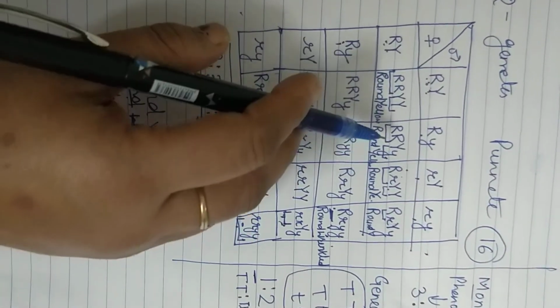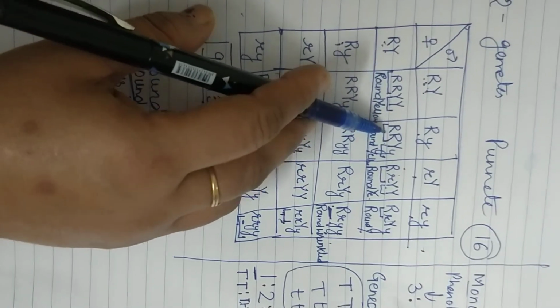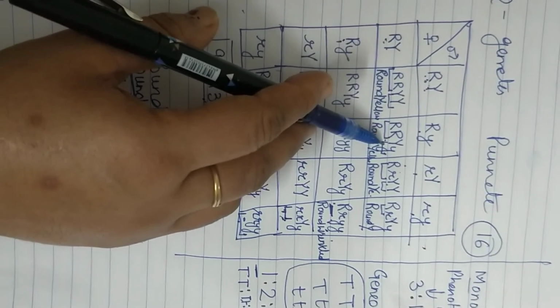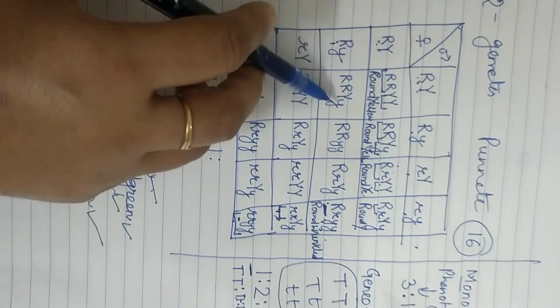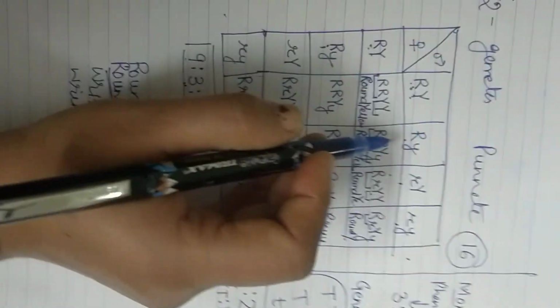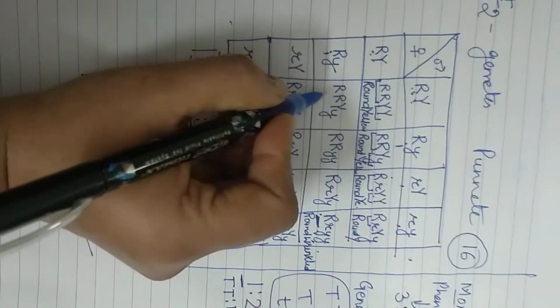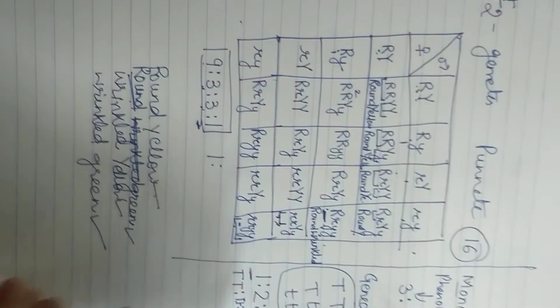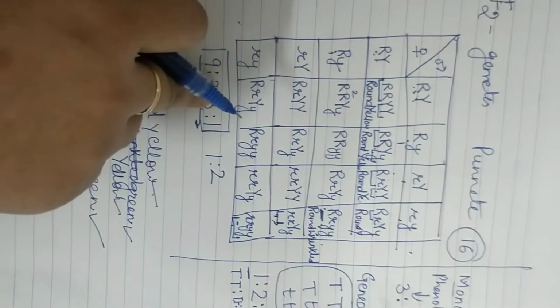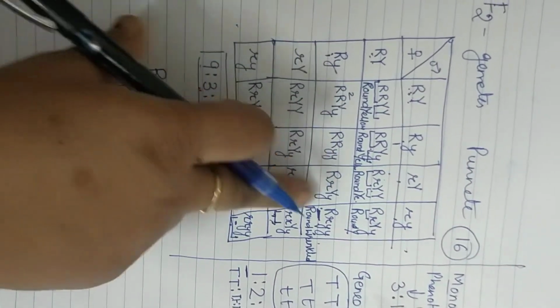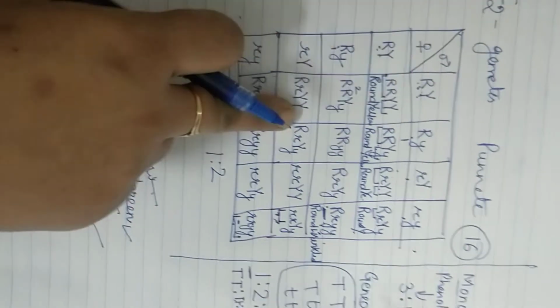Now let's look at this combination. Capital R, capital Y and small y. अगर आप इसको चेक करोगे, ये देखिए, एक ये है 1 and this one 2. So 2 plants. In the same way you will find out the genotypic ratio, and this is your homework from the dihybrid cross.